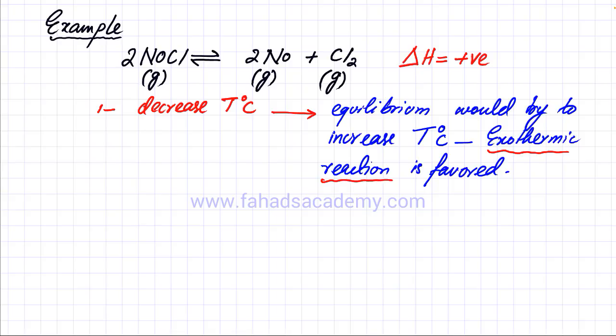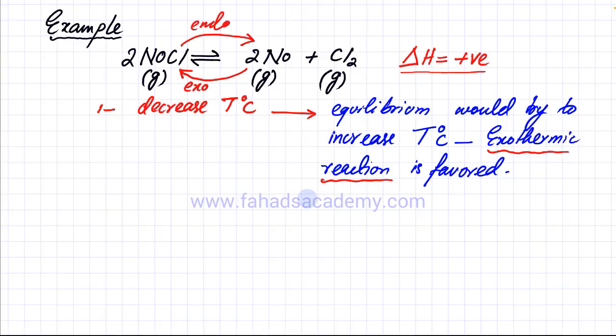Now the enthalpy change of this reaction is positive, which means that the forward reaction is endothermic, and the backward reaction is going to be the opposite, exothermic. So if I increase temperature, the exothermic reaction speeds up, which in our case is the backward reaction.